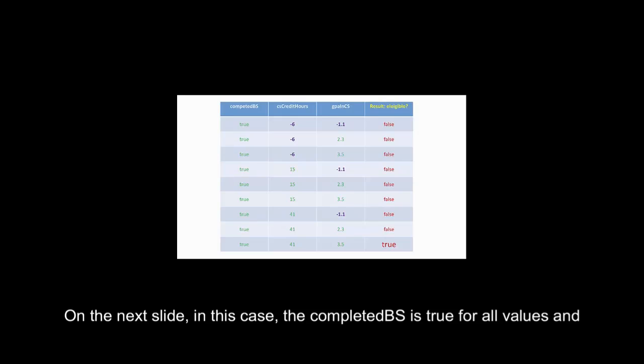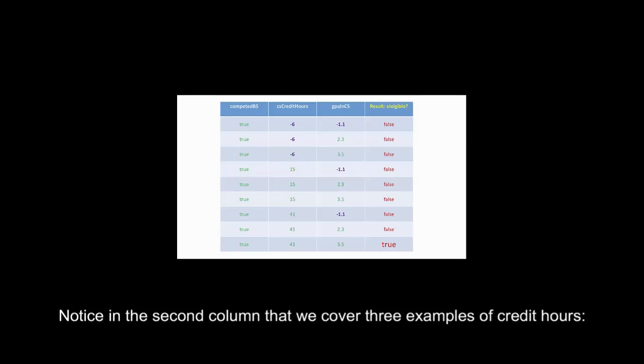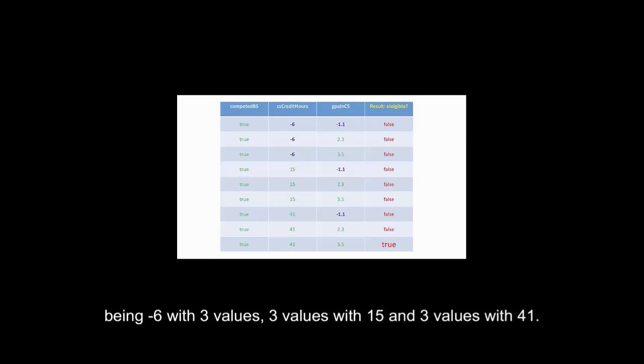On the next slide now, in this case, the completedBS is true for all values. And again, we have the systematic enumeration of all the other two parameters. Notice in the second column that we cover three examples of credit hours. The error case with -6, the below 40 case with 15, and the 40 and over case with 41. Three rows for each.